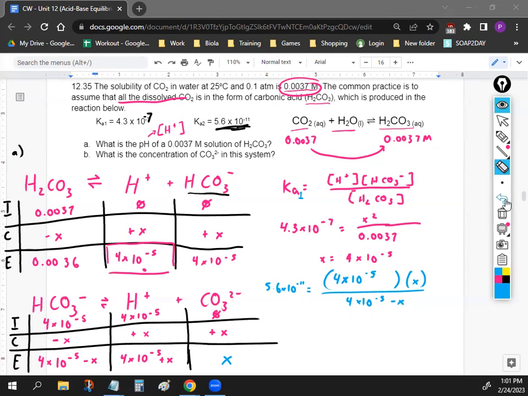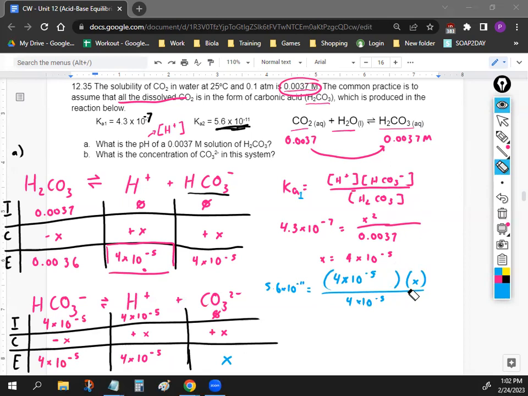Let me repeat that. We're going to use the 5% rule because the Ka value for Ka2 is so small, which means so little of this compound breaks up. You're going to make a super little amount of this and lose a super little amount of that, so the change doesn't even matter. We can basically say that none of it really changes.